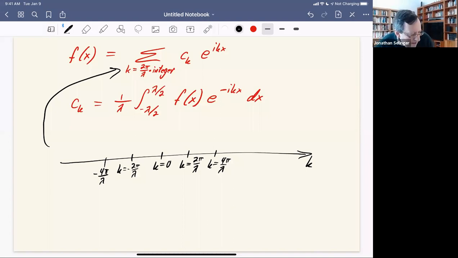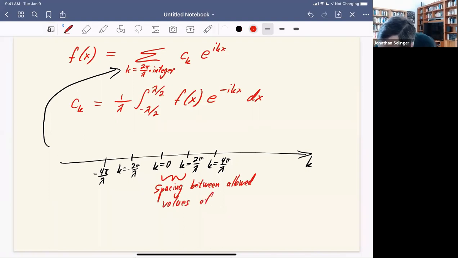I want to emphasize that on this k-axis there's a certain spacing between the allowed values of k, and that spacing is delta k, which is 2 pi over lambda.